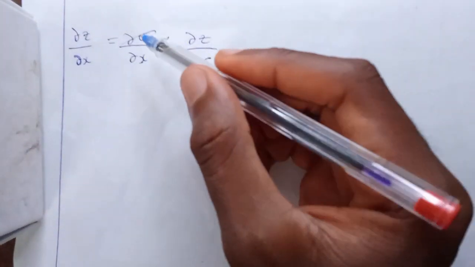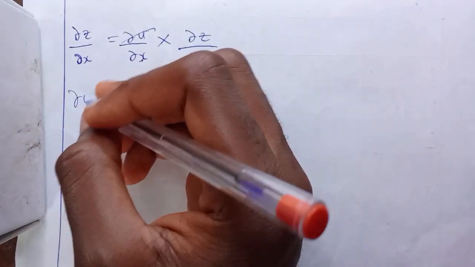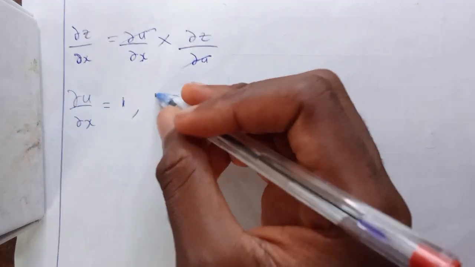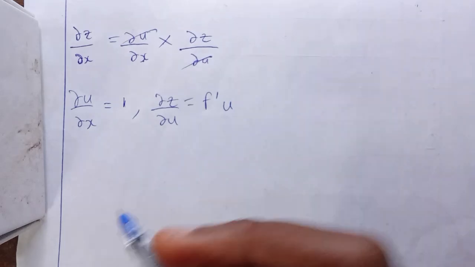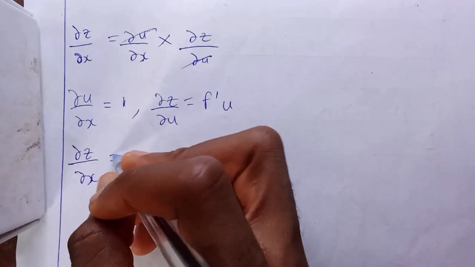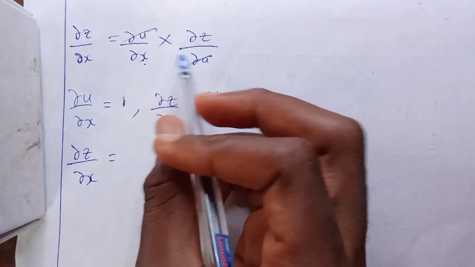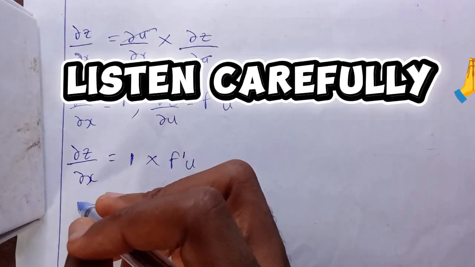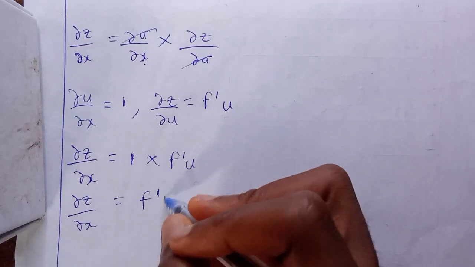Our partial of u with respect to x was 1, and our partial of z with respect to u gave us f prime u. So our partial of z with respect to x is 1 times f prime u, which gives us f prime u.